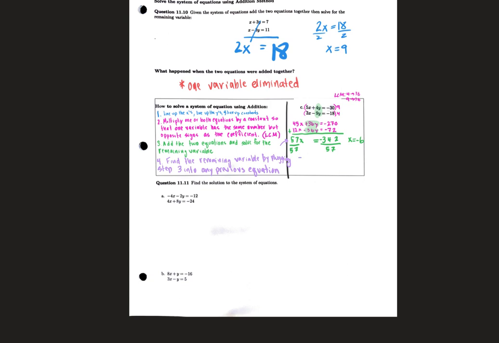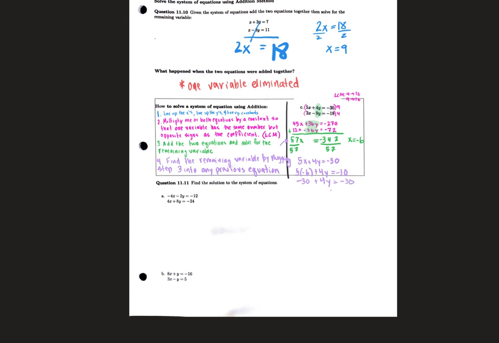So let's just use this one, 5x plus 4y equals negative 30. That's one of my equations from the very beginning. If I plug my x value in there, we've got negative 30 plus 4y equals negative 30.